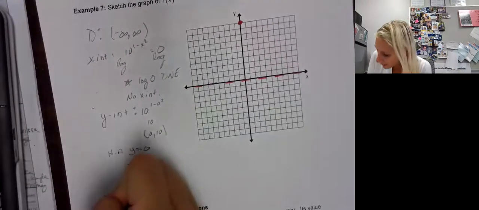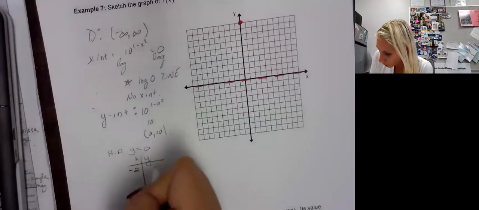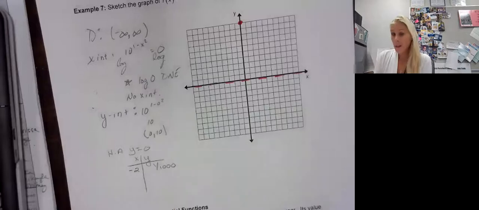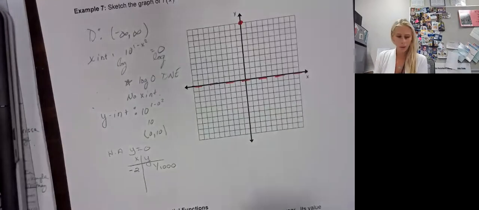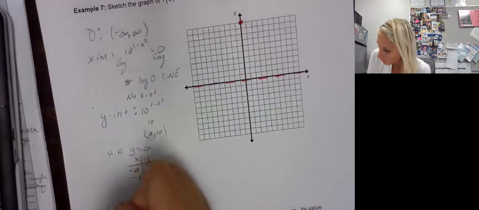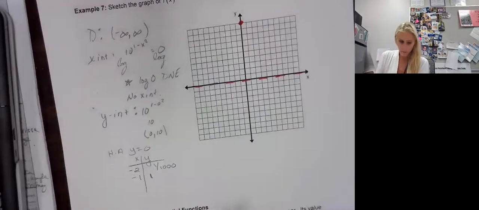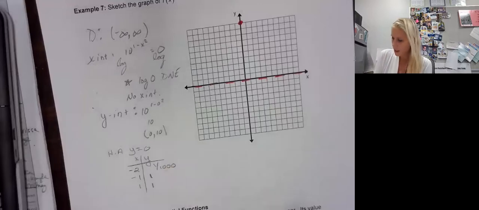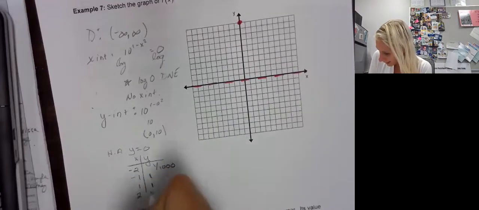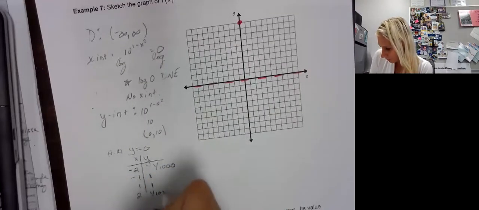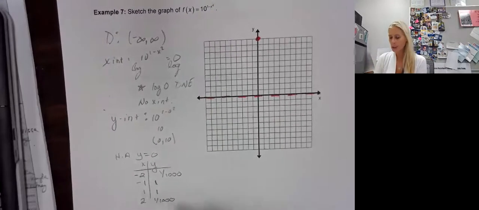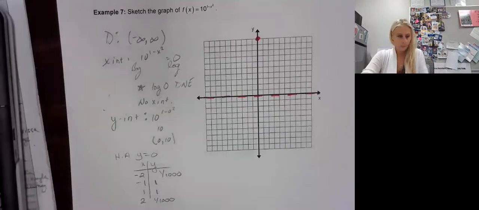So if you plug in -2, you get this crazy decimal that when you put it into a fraction, we get really, really close to 0 there, right? And if we plug in -1, you actually get the value of 1. If you plug in 1, we get the value of 1. If we plug in 2, we get that small decimal again. So again, when in doubt, when you can't use transformations, plug in points.